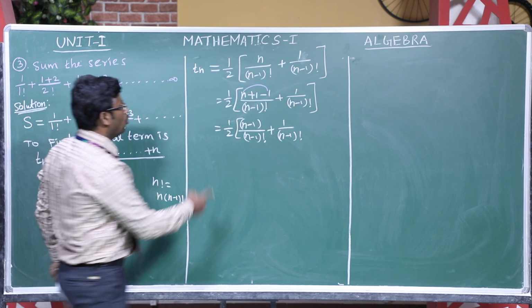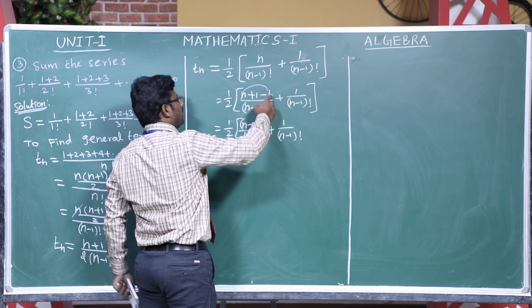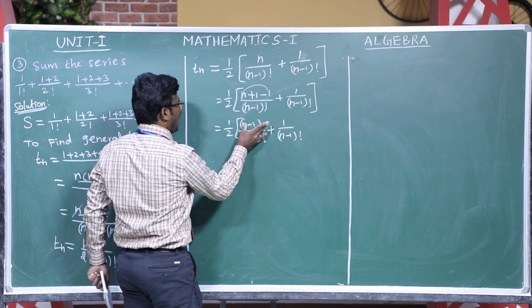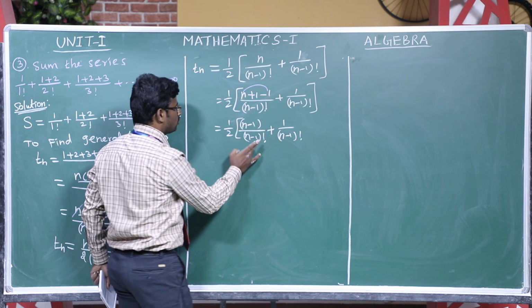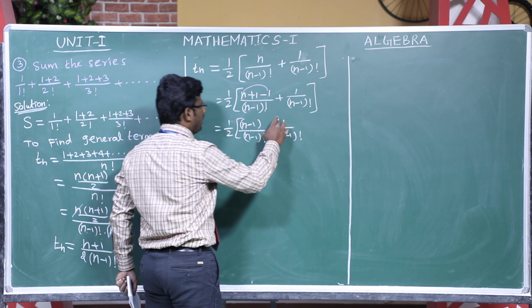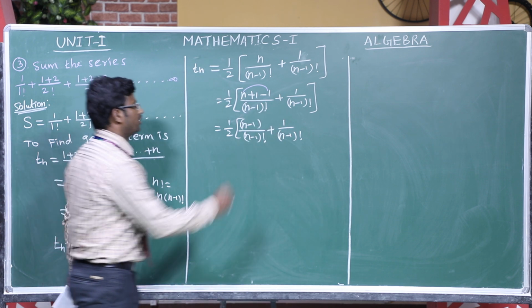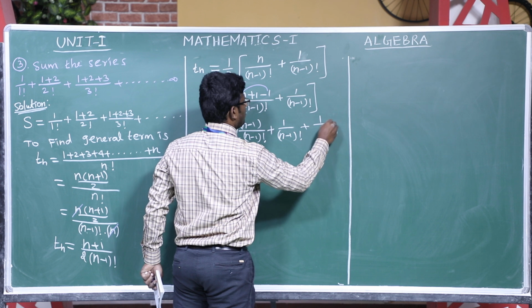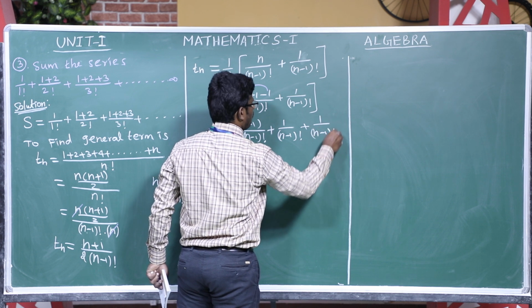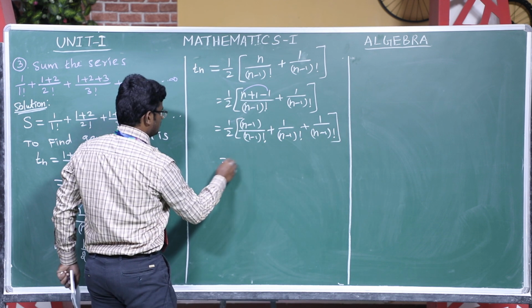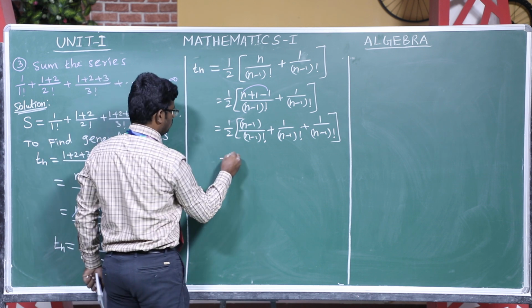By the same rule, I will add n minus 1, so (n minus 1) divided by (n minus 1) factorial plus 1 divided by (n minus 1) factorial plus 1 divided by (n minus 1) factorial. This is the value of Tn.